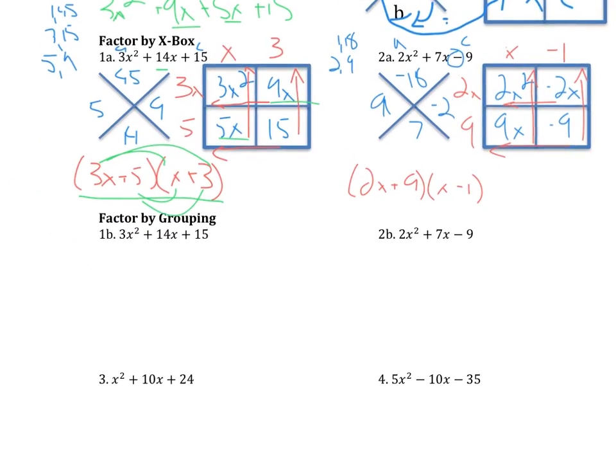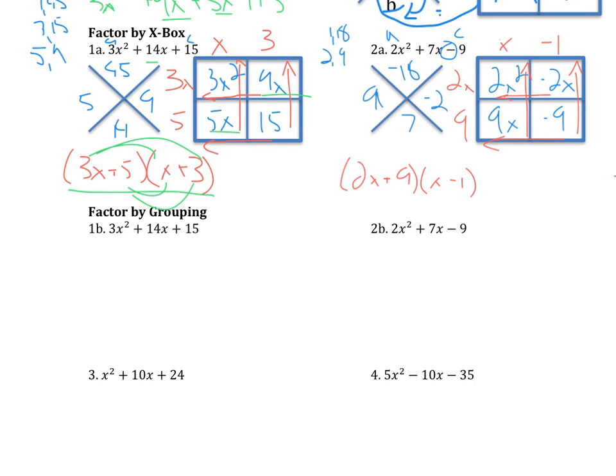All right, so let's look at those same problems using factor by grouping. So we are still going to use our x. And I get 45 on top, 14 on bottom, just like we did on 1a. And we already know we get 5 and 9.